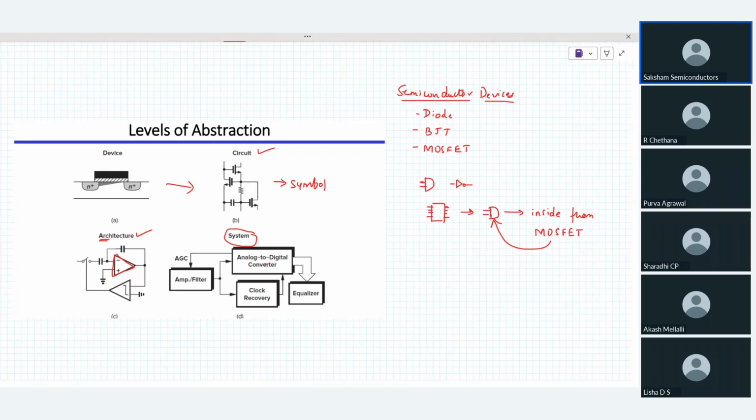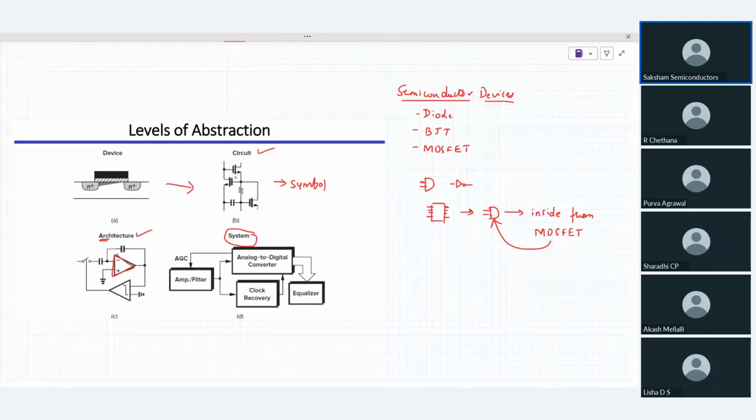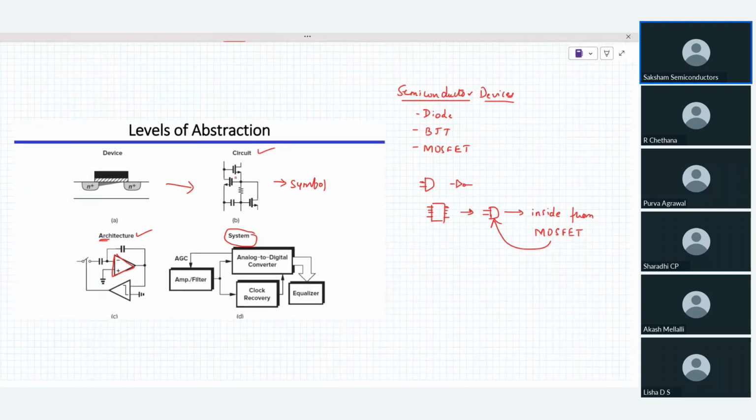So a lot of different big ICs are connected together to form a system, and inside them they have a lot of individual circuitry arranged together, and inside the circuitry you will find a lot of active and passive components. Most of the time you'll always find the MOSFETs. So this is what the level of abstraction is all about.